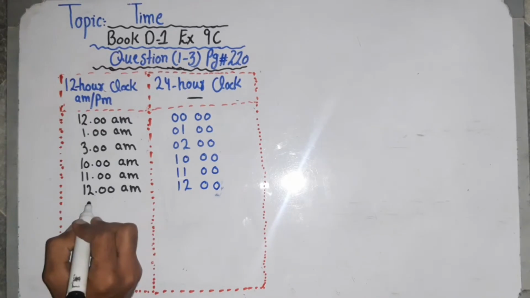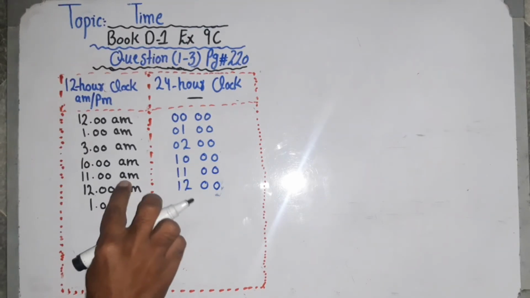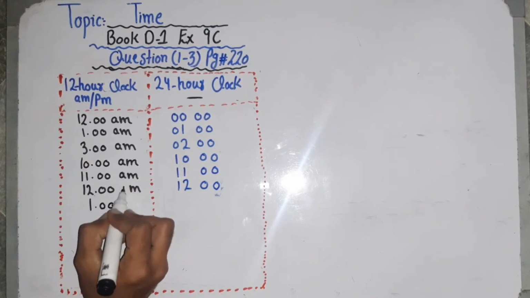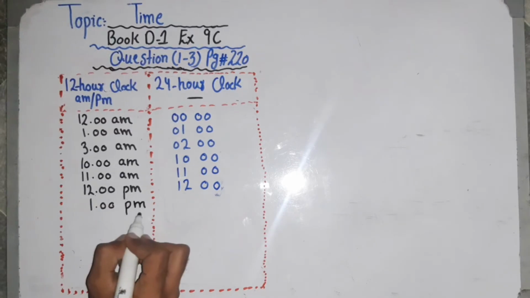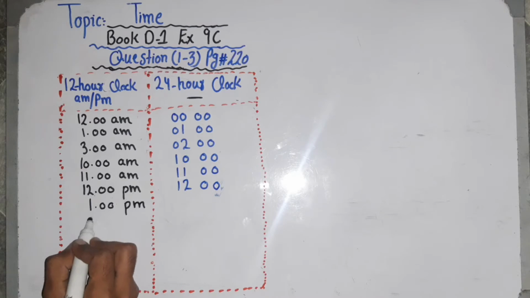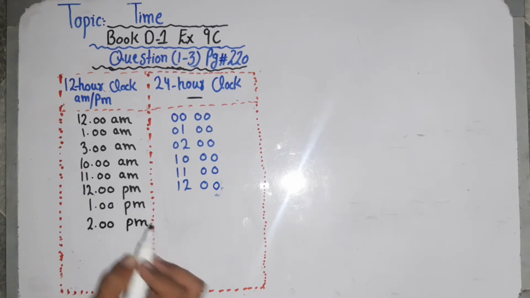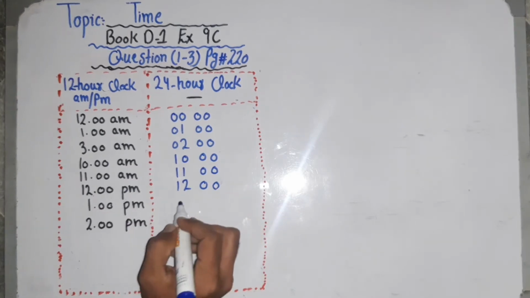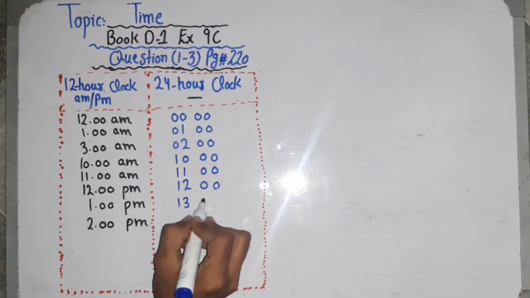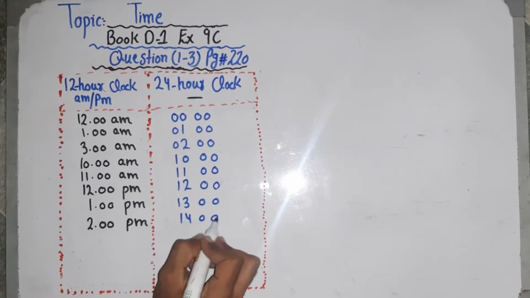In the afternoon we use PM, so this is 1:00. Here we use PM. So if the time is 1 PM, 2 PM, the time on this clock will be 13:00, 14:00.